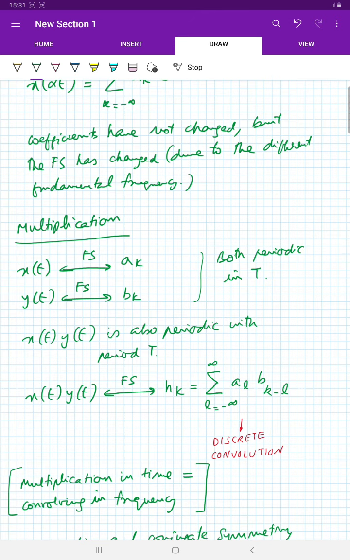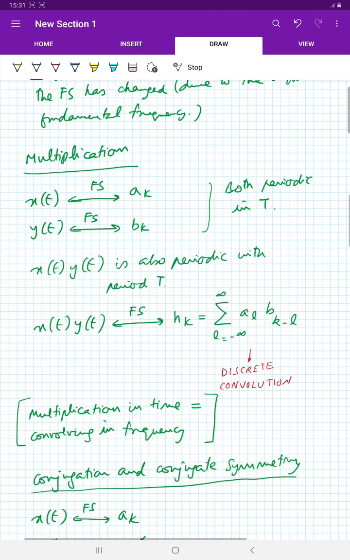Okay, so this is actually a very useful property. Essentially, multiplication in time is convolution in frequency, and in fact many of the properties will have a dual. This one is multiplication in time is convolution in frequency. The reverse is also true: if you convolve in time, then it is equivalent to multiplying in frequency.